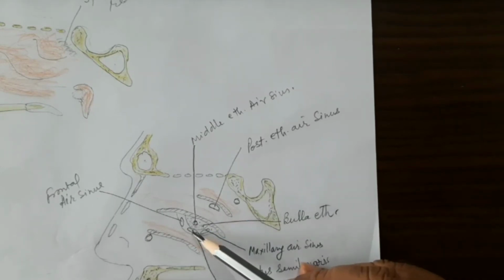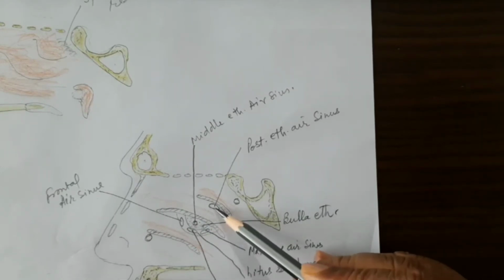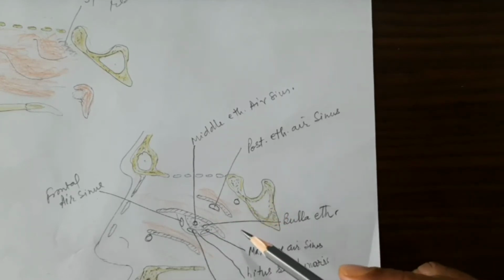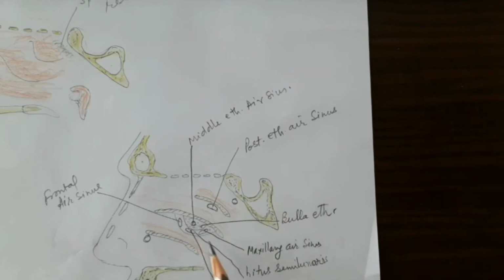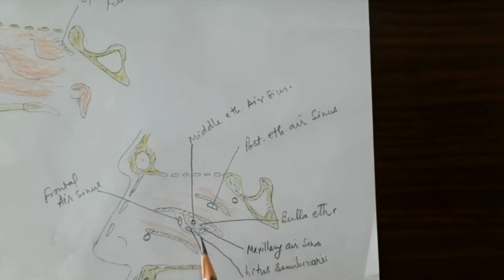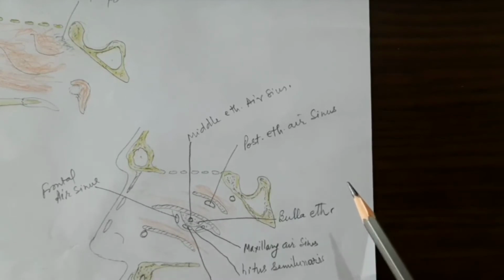So you can see anterior, middle and posterior ethmoidal air sinus, they open in these two meatuses, superior and middle meatus. But then in the posteriormost part there will be a large opening of the maxillary air sinus, and in the anterior part it is the frontal air sinus.